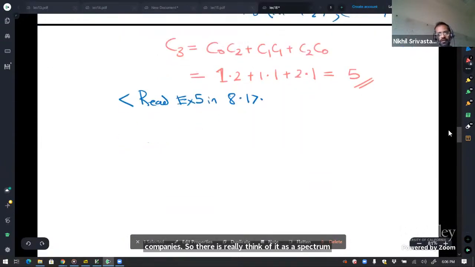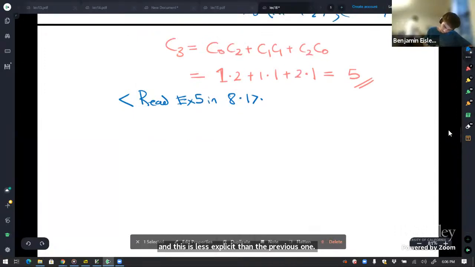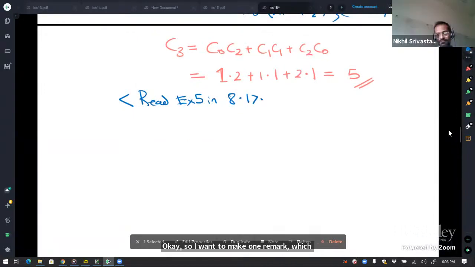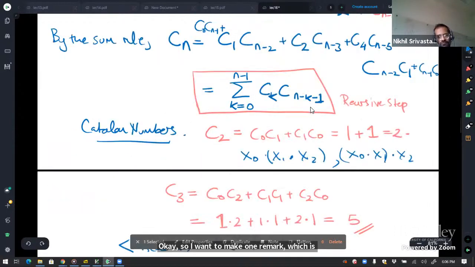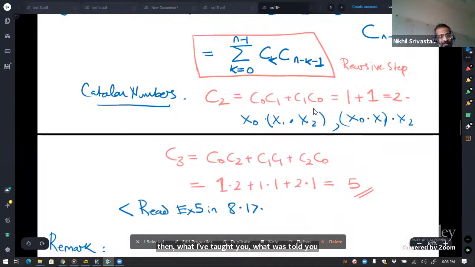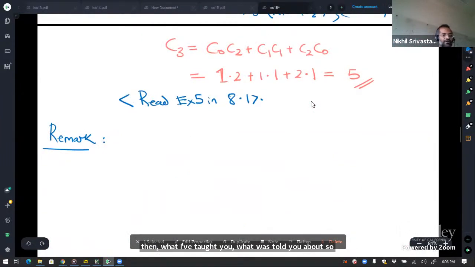Thank you. Okay, so I want to make one remark, that what I've told you about so far is how to find a recursive definition of the answer. So how to find a recurrence satisfied by the answer, right? And that's an implicit description.